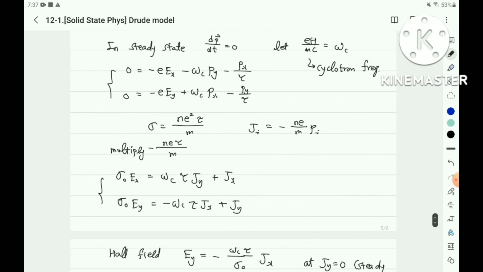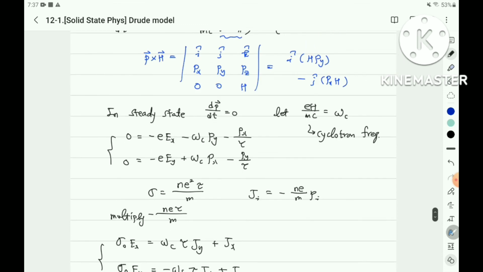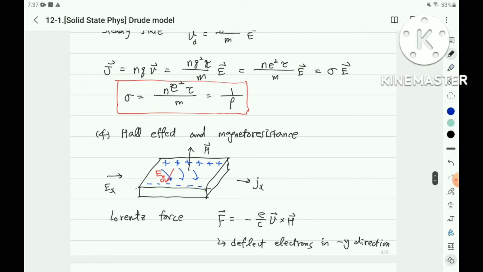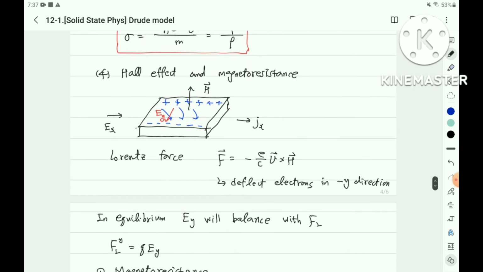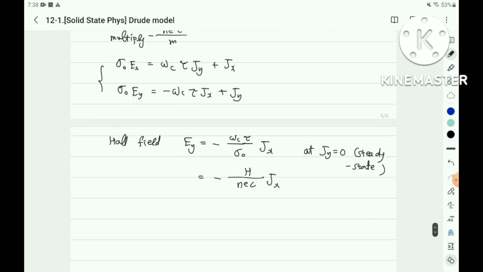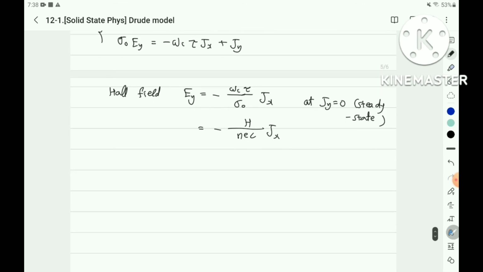Therefore, the Hall coefficient is defined as Ey over Jx H. Then it is minus 1 over nec in CGS.